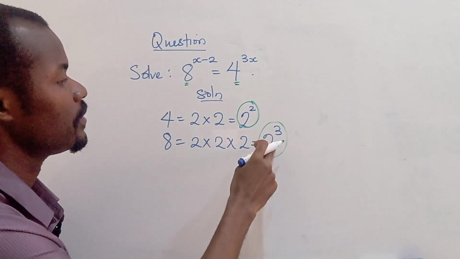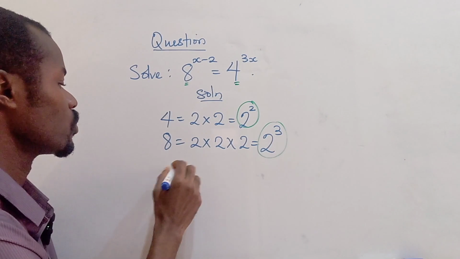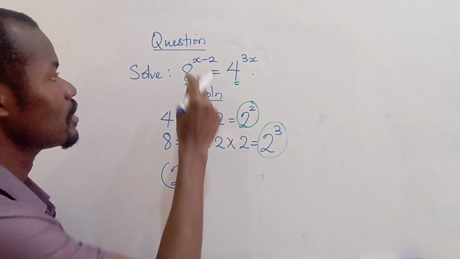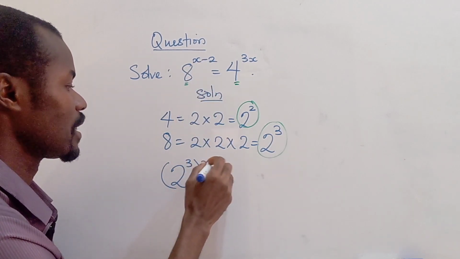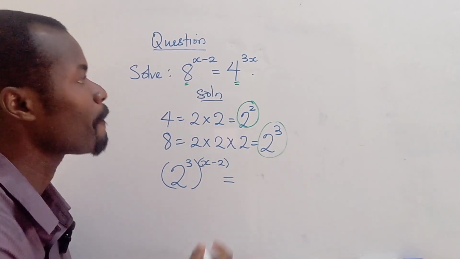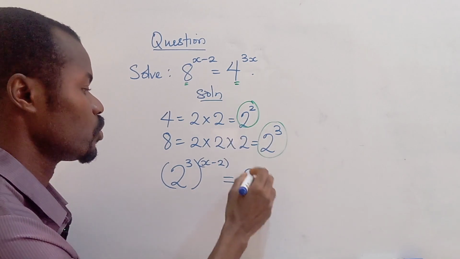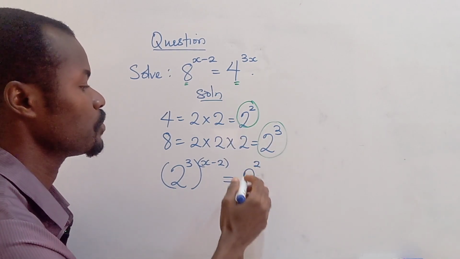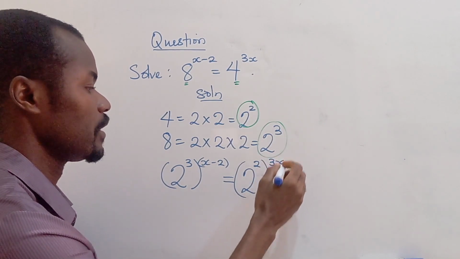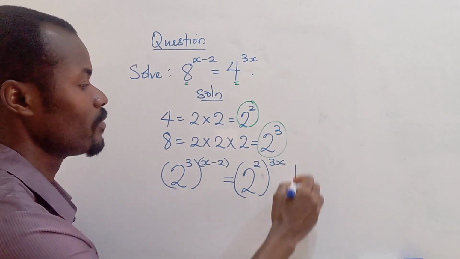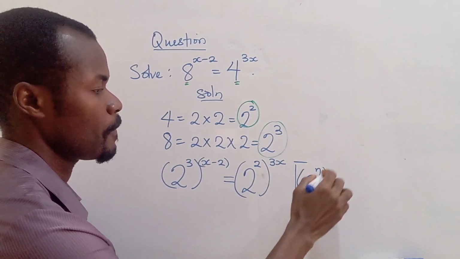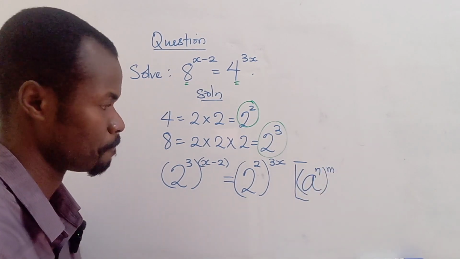So I'm going to have 2 raised to the power of 3 for 8, raised to x minus 2, is equal to 4, which is 2 raised to the power of 2, raised to 3x. Now you have to remember your double power law.